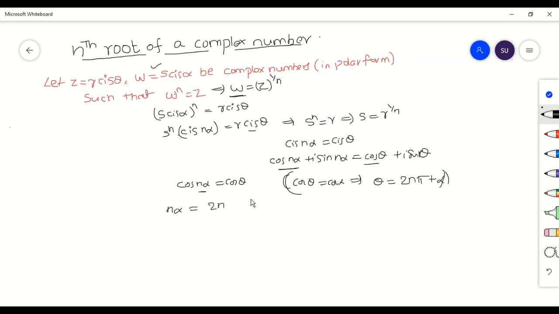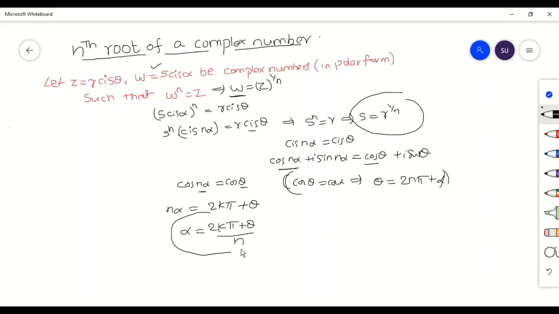Here already we have n. For that, you just consider any other number, 2k pi plus theta. Here in place of alpha, I'm writing theta. So from here, alpha is equal to (2k pi plus theta) by n, and from here s is equal to r power n.